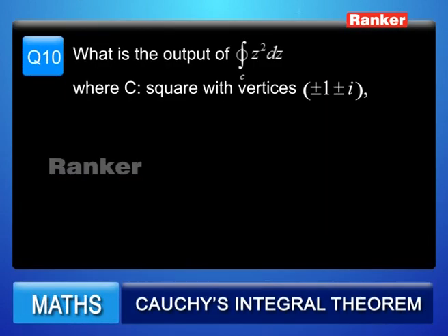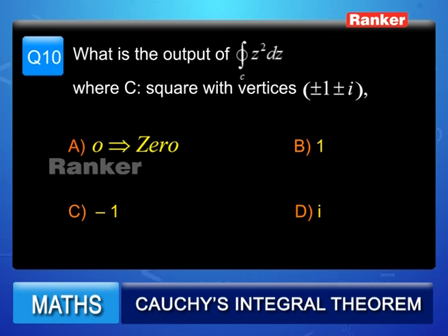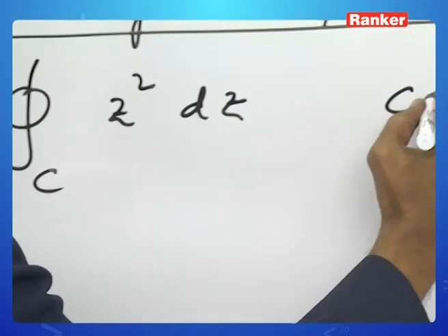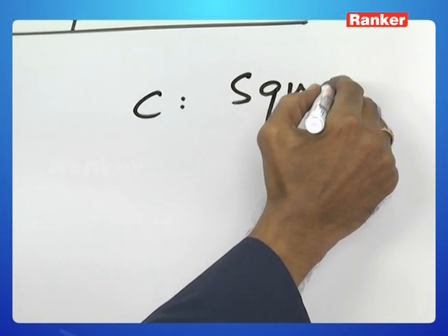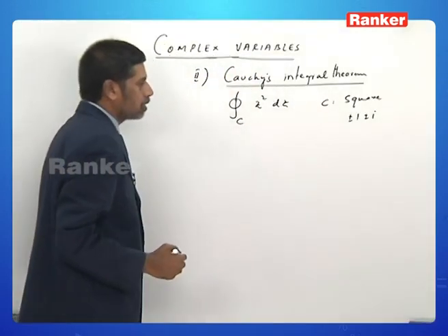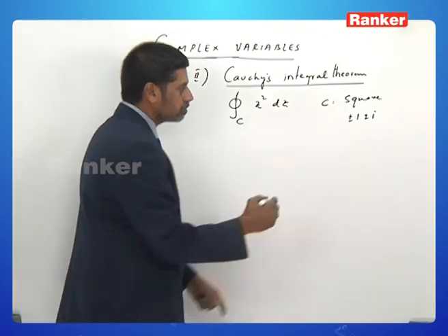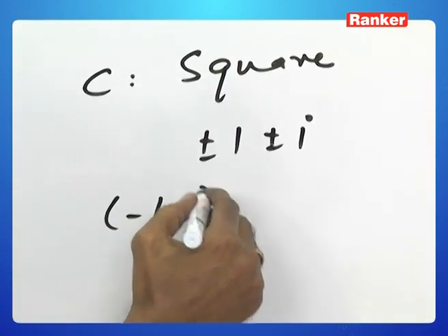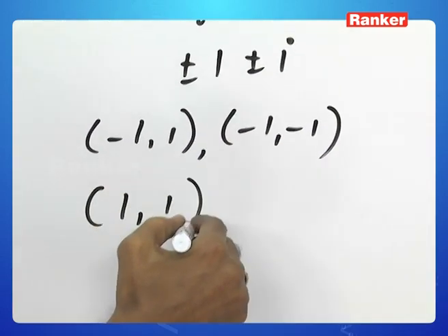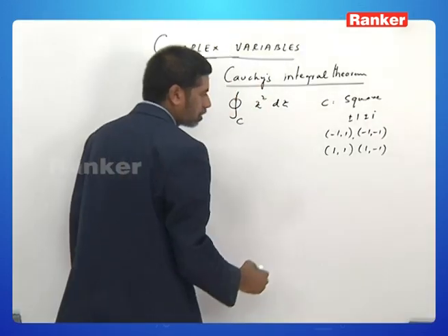Question number 10. What is the output of integral z square dz where C is the square with vertices plus or minus 1 plus or minus i? Now, you know there are 4 points here, namely minus 1, 1; minus 1, minus 1; 1, 1; and 1, minus 1.